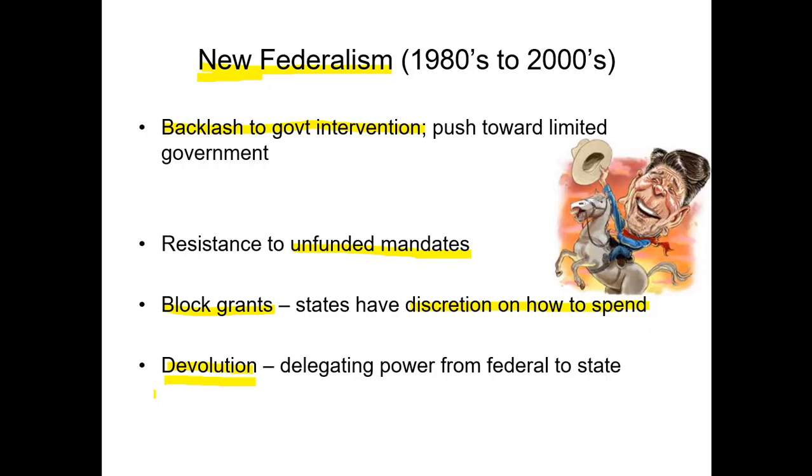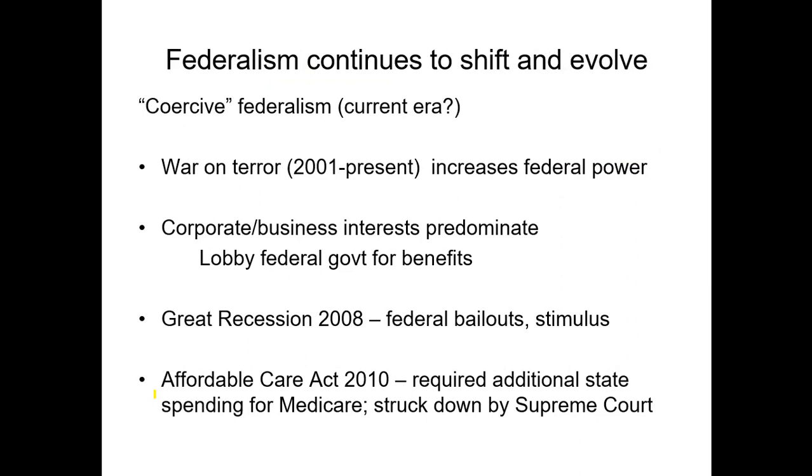And then as we see, the textbook actually talks about our current era. We've actually shifted back, and it's a little bit more of an interesting mix today. But the book questions whether or not we're in more of a coercive federalist era now, primarily because of 9/11. The federal government got very much involved in trying to stop terrorism.